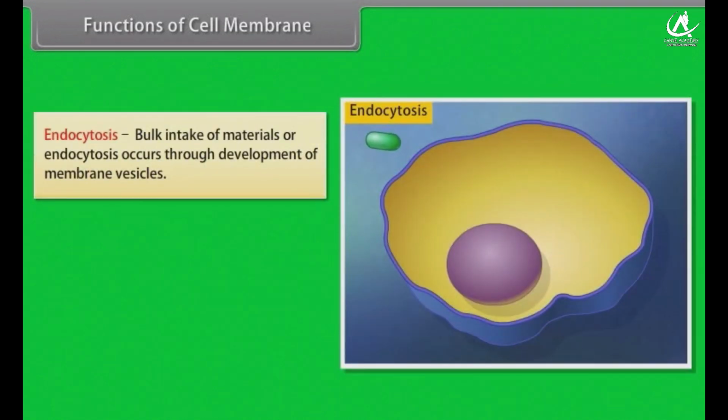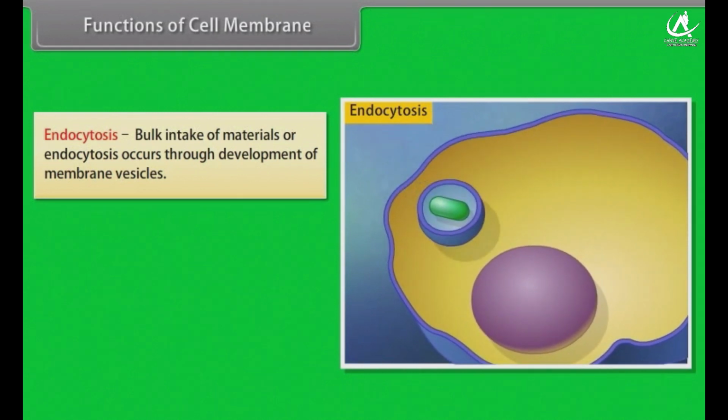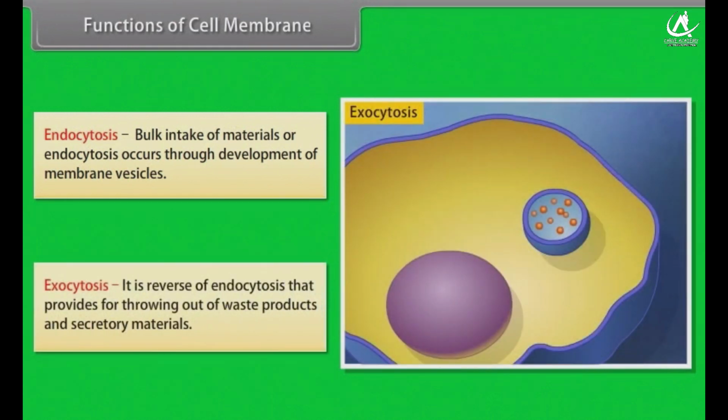Endocytosis. Bulk intake of materials, or endocytosis, occurs through development of membrane vesicles. Exocytosis. It is the reverse of endocytosis that provides for throwing out of waste products and secretory materials.